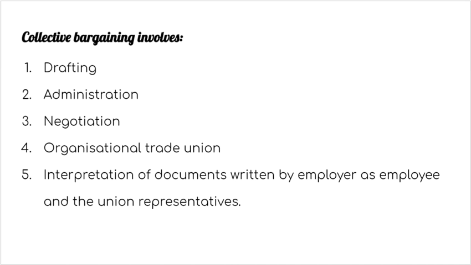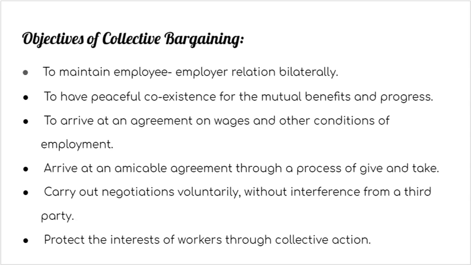And collective bargaining involves a lot of process. First one is drafting, second administration, third negotiation, then comes the organizational trade union which tries to bring both these parties together, and the interpretation of documents written by the employer, employees and union representatives.